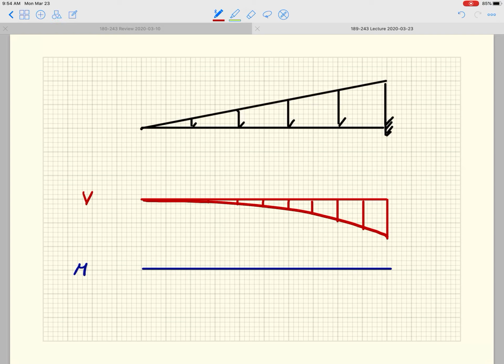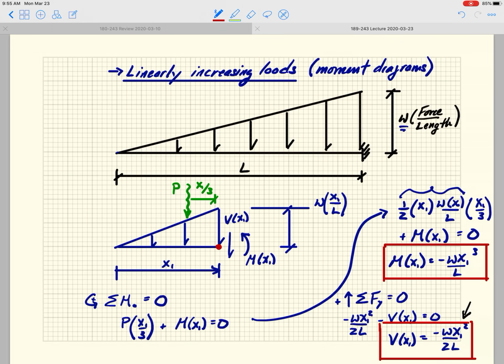And if you look at this amplitude, it ends up being minus WL over 2, right? And that should make some sense because that is the area of this entire load, right? That's just W, which is my height, times L, which is my base, times 1/2.